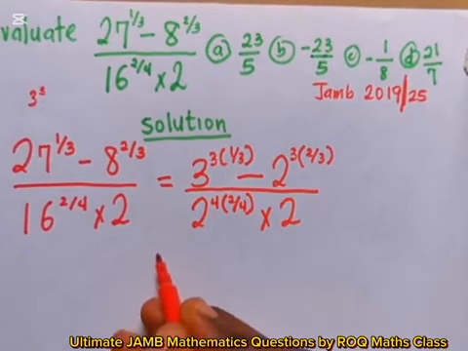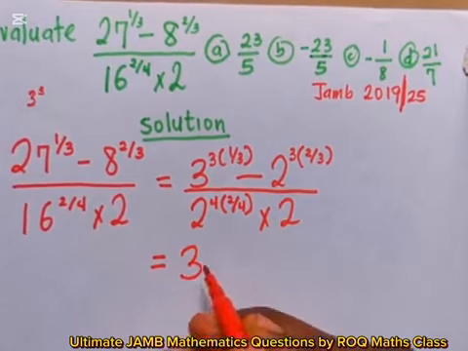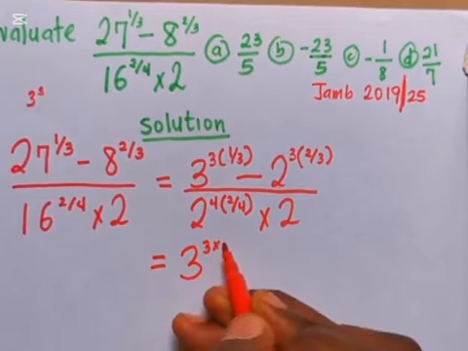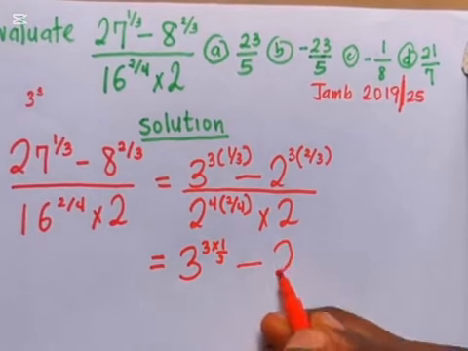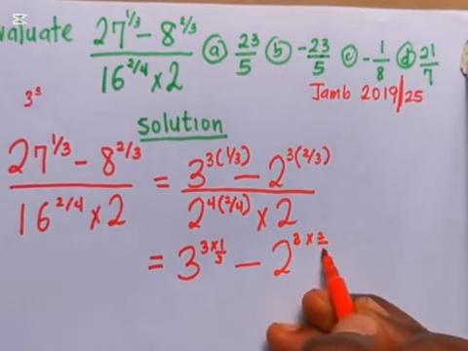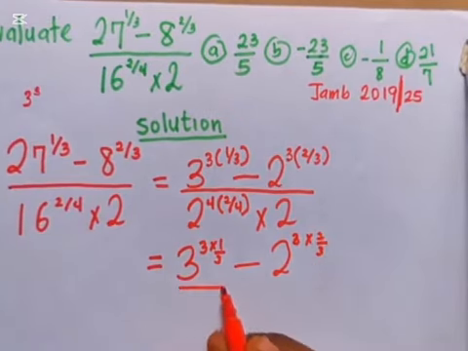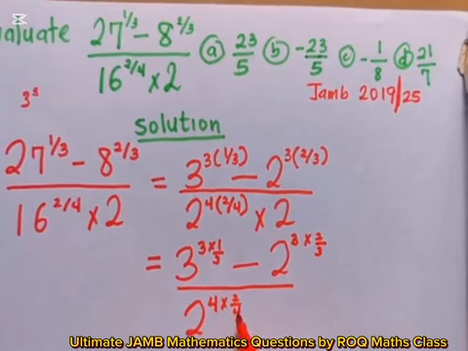This is same thing as 3 to the power of 3 times 1 over 3 minus 2 to the power of 3 times 2 over 3 all over 2 to the power of 4 times 2 over 4 times 2.